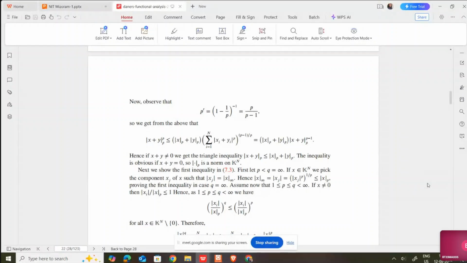Okay. What I wish you to understand here, see this left side is actually a finite sum. i equal to 1 to n, xi plus yi, whatever that raised to p is. By chance, if this is true for infinite sum also, you take the finite sum here, you replace it by an infinite sum on the right side, and then you push the matter.